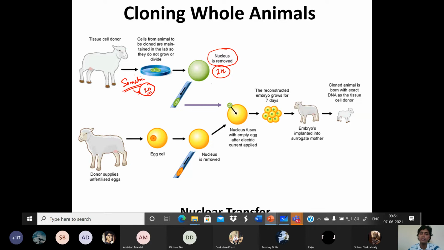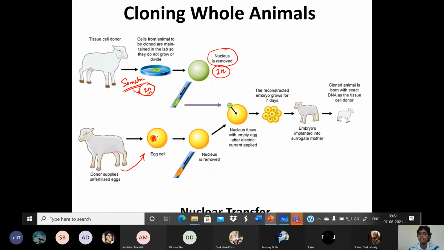At the same time, you are taking an egg cell. This egg cell contains a nucleus with half the information, the n. Therefore, when this egg fuses with the sperm, which also contains the n information, half the information, then after fertilization it forms a zygote.